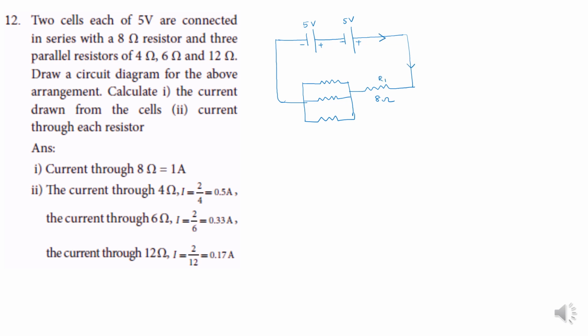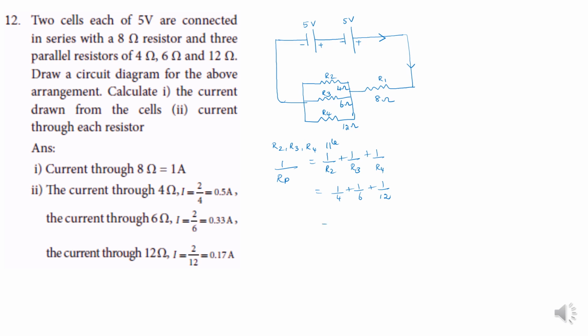Let this be R1, R2, R3 and R4. So R2 is 4 ohms, this is 6 ohms and this is 12 ohms. See, R2, R3 and R4 are parallel. So 1 by R parallel is equal to 1 by R2 plus 1 by R3 plus 1 by R4, which is 1 by 4 plus 1 by 6 plus 1 by 12.